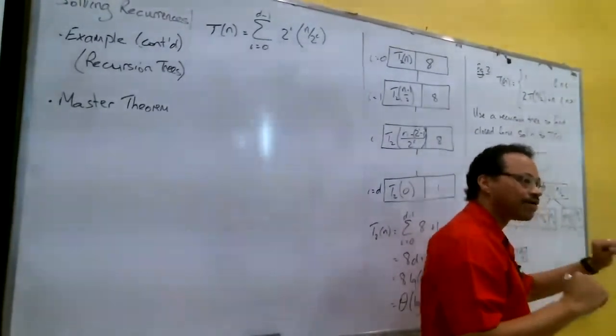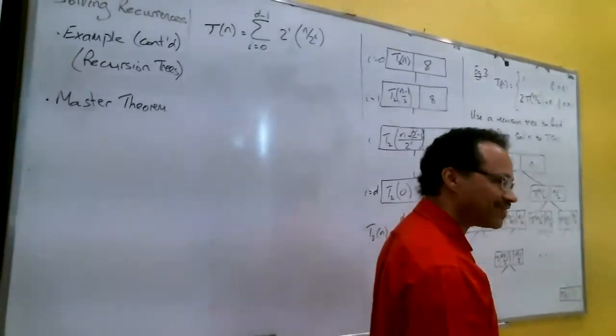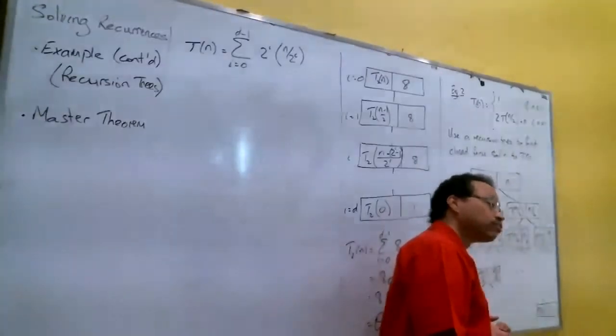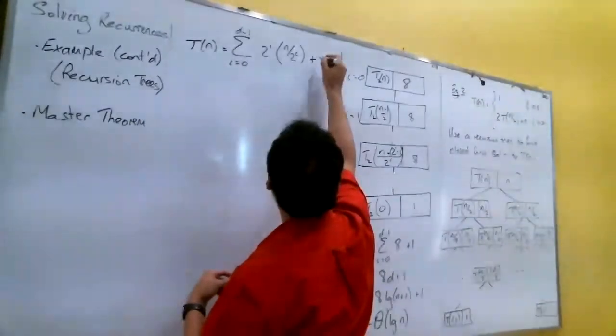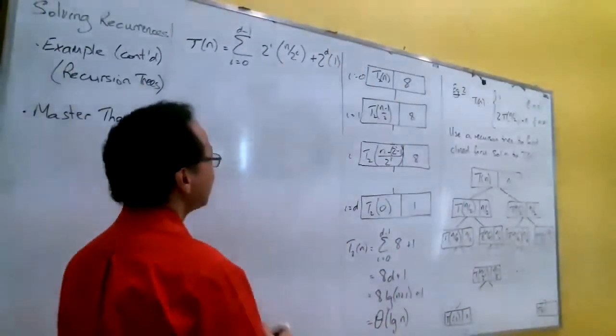How many 1s do I have? If the level is D, you just said I have 2 to the I nodes at level I. So if the level is D, I have 2 to the D nodes. Does that make sense?